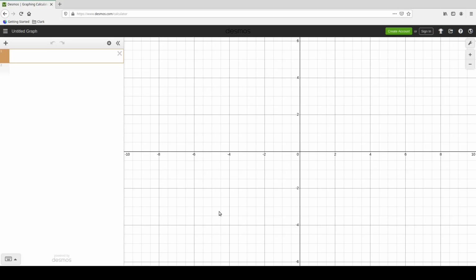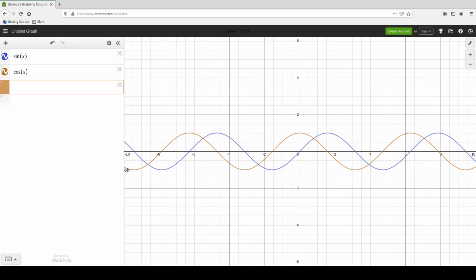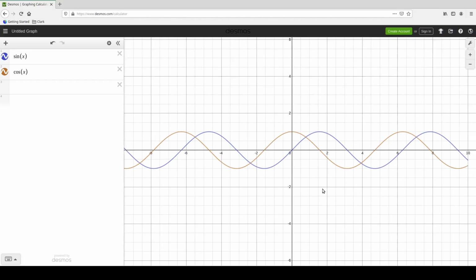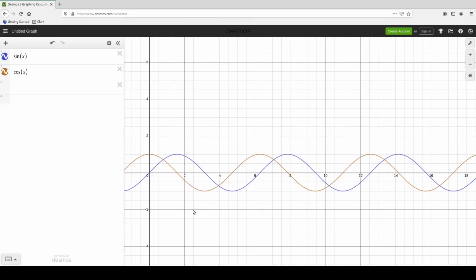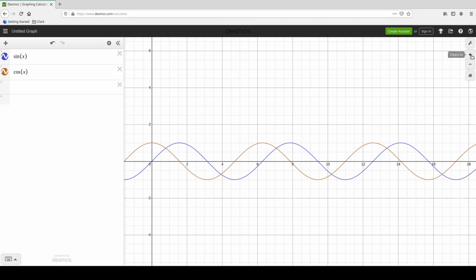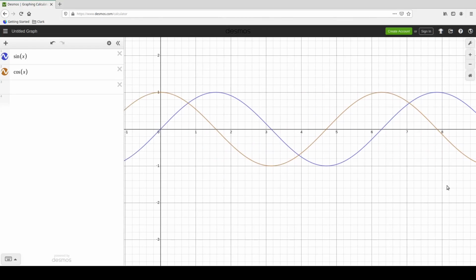If you go to Desmos and you type in sine of x and cosine of x, and remember, these are valid for any values of x, or in our case theta, that you want to plug in, but specifically what we're considering in the plot is the functions over one period, from 0 to 2 pi. And you see very clearly that this is exactly what these functions look like.